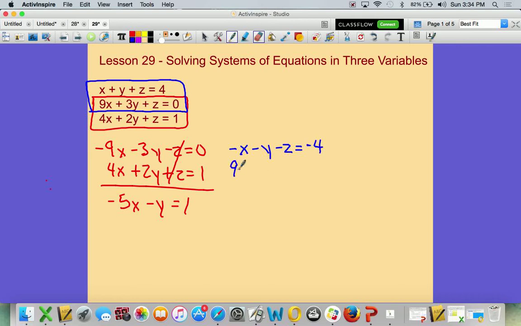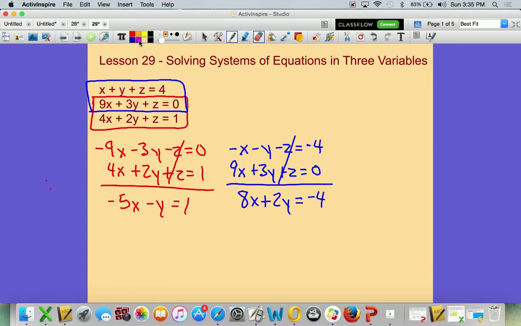And then just recopy the bottom one, and add these two together again. As you can see, the z's cancel out here. So we've got 8x plus 2y equals negative 4. Now we have two equations with two variables, and most importantly, they are the same variables. So now I'm going to do elimination again.